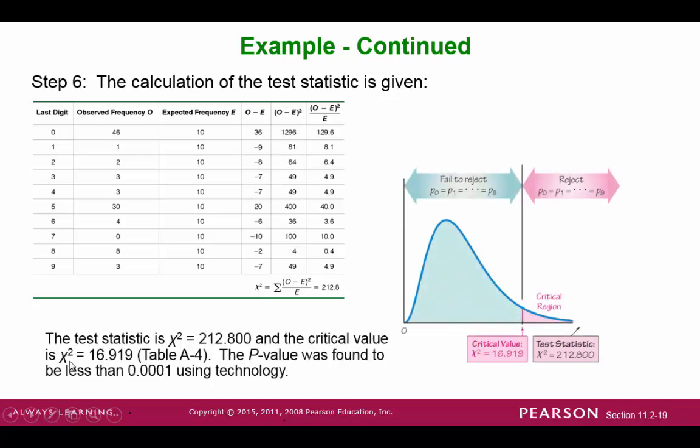We formally reject the null hypothesis when we find our critical value from Table A4. With a 0.05 significance level, and k minus 1 degrees of freedom, which is 9, we see that our critical value is 16.919, and our test statistic is way, way to the right.